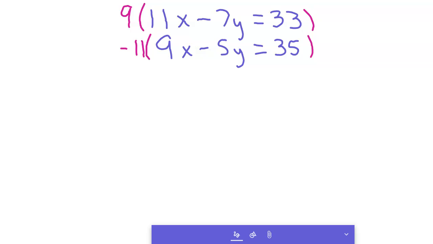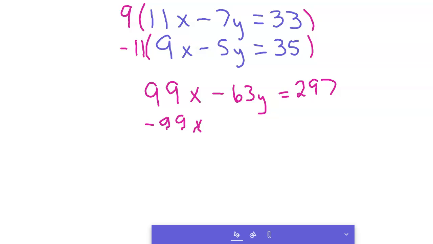If you do that across the top, you'd have 99x minus 63y equals 297. Then if you do it across the second equation, you'd have negative 99x, sorry for that little squiggle at the bottom, plus 55y equals negative 385.